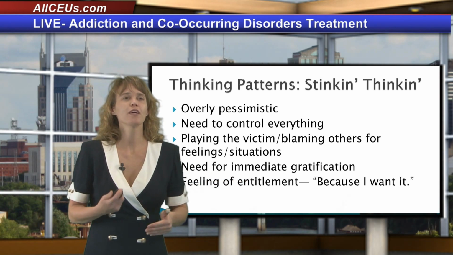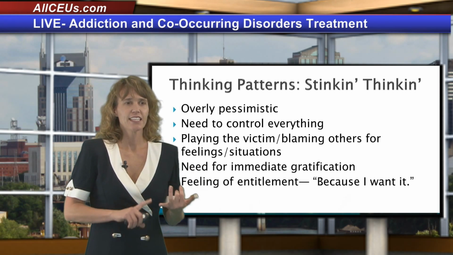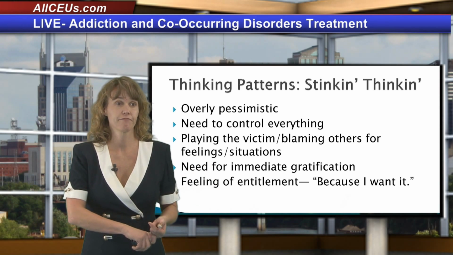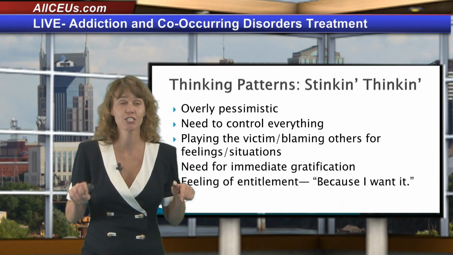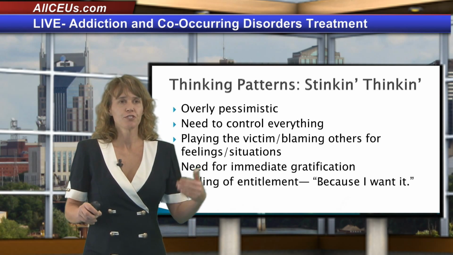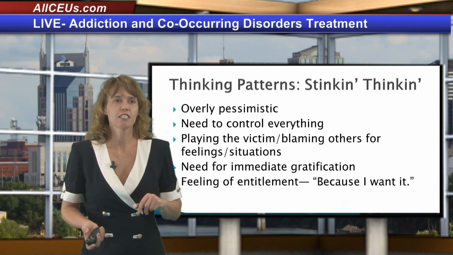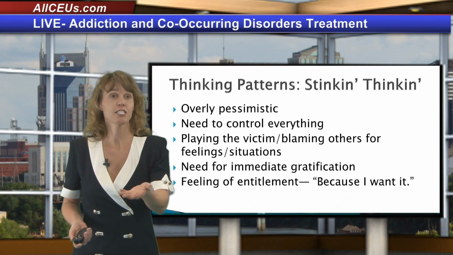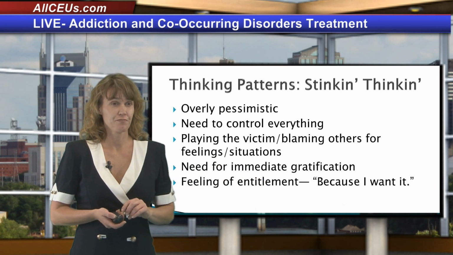Have them do that for a week and compare and contrast how the day went. They need to control everything. Well, what happens if you don't? Because you know there are some things you can't control. Using cognitive behavioral therapy to look at those things that you're trying to control that are impossible to control and what good it's doing you.